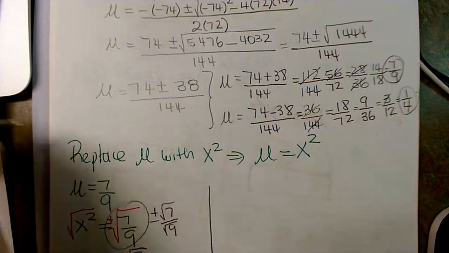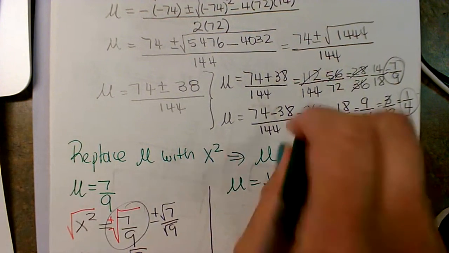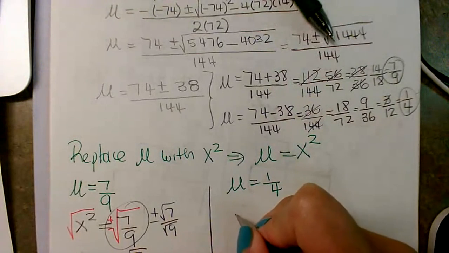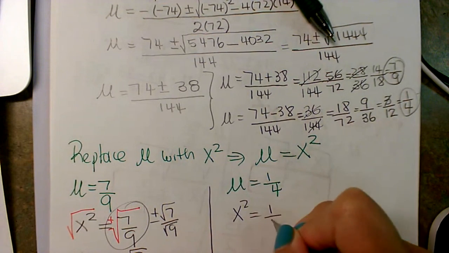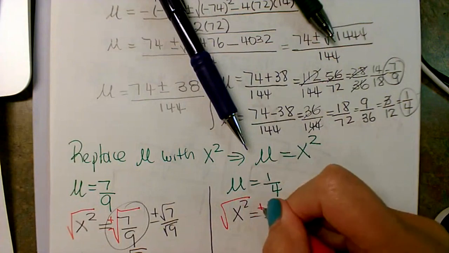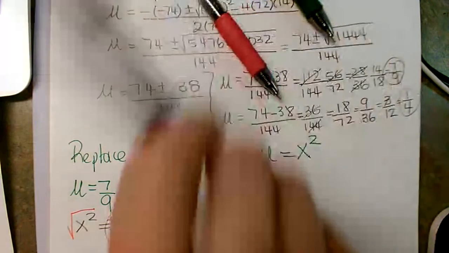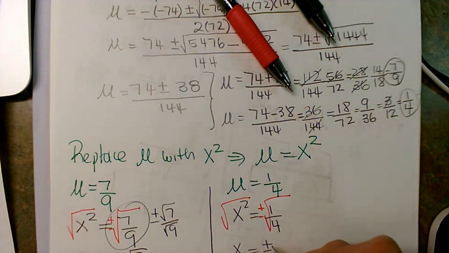Now the other one is u equals 1 over 4. So it's x squared equals 1 over 4. Apply the square root property, and we know it's going to be plus or minus what? 1 over 2, right?